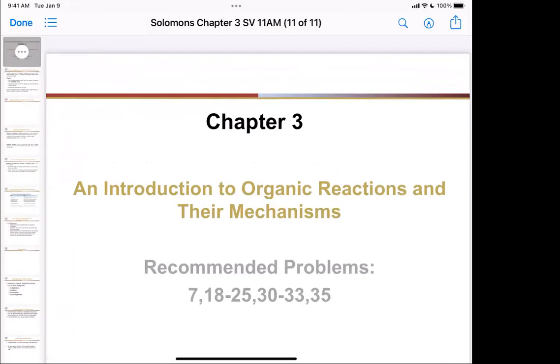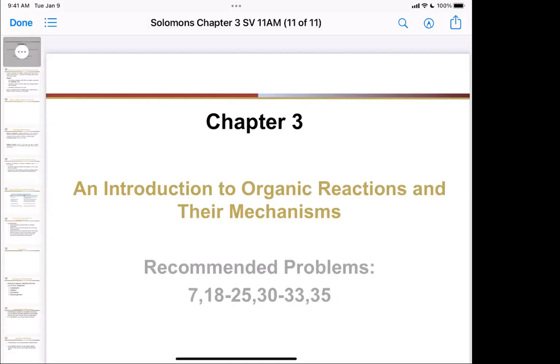We're going to look at those right here, and they're not going to be numbered directly, but I'm going to show you. You can add a proton. So that means we're going to talk about acids. You're going to take away a proton. That means we're going to talk about bases. You're going to attack a nucleophile with an electrophile. So something with a partially positive charge is going to attack something with a partially negative charge.